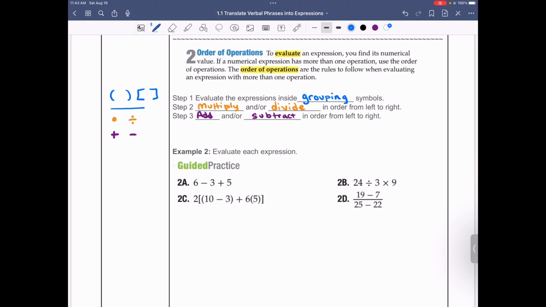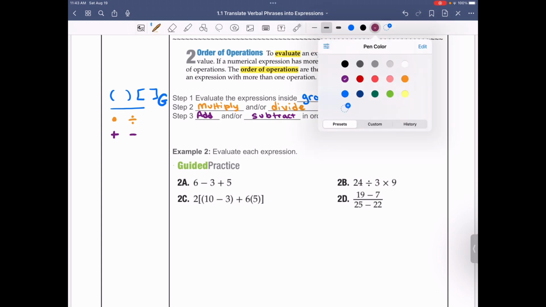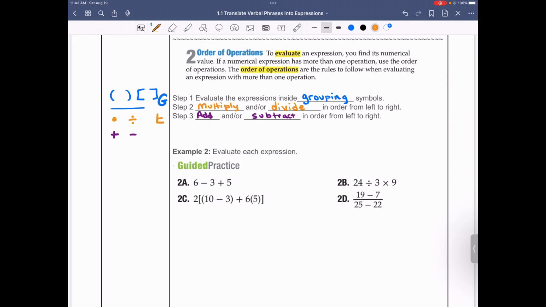So instead of PEMDAS, I like to say GEMDAS now, even though I learned it as PEMDAS. Okay, I see what's going on. The E is for exponents, and we haven't learned that yet. That's why it's not working out for me very well. Okay, so we're going to save the E for when we learn about exponents.